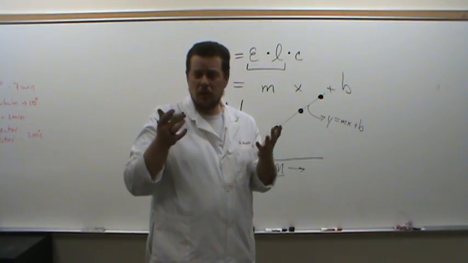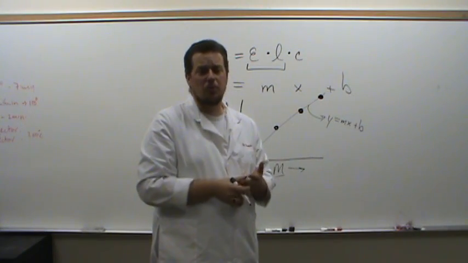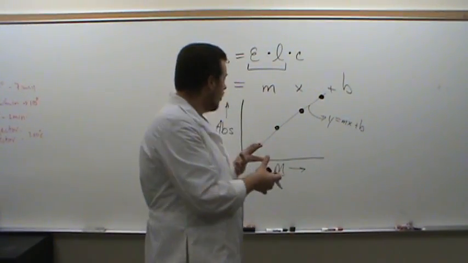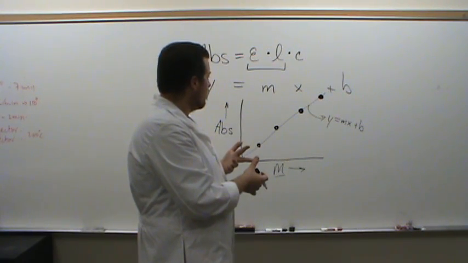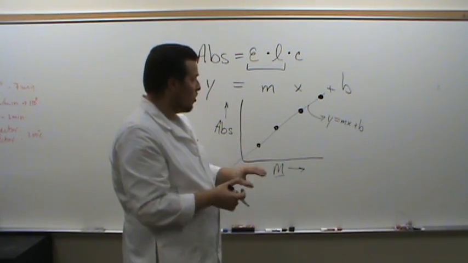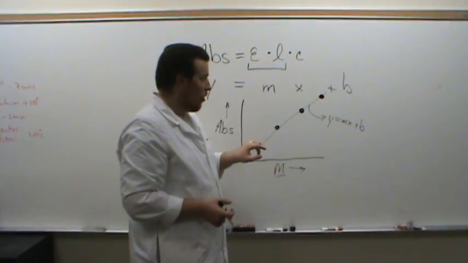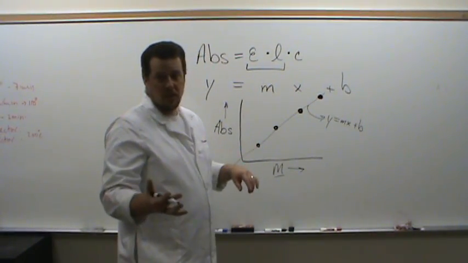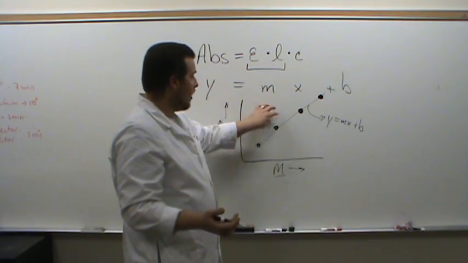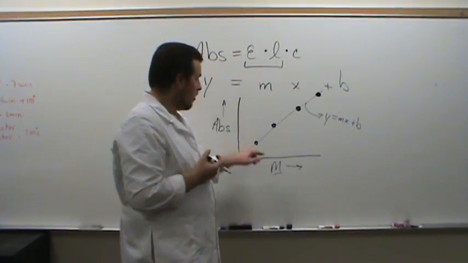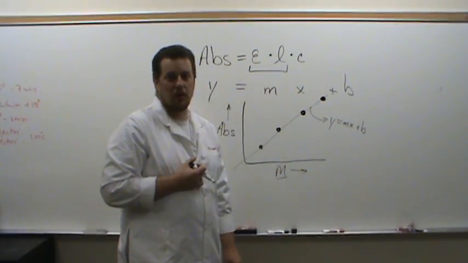We're going to use procedures, techniques that we've used before. We're going to use volumetric glassware. And again, in the first week, we're going to develop this calibration plot with known samples. In the second week, we'll come back and analyze unknown samples using this data to figure out concentration.